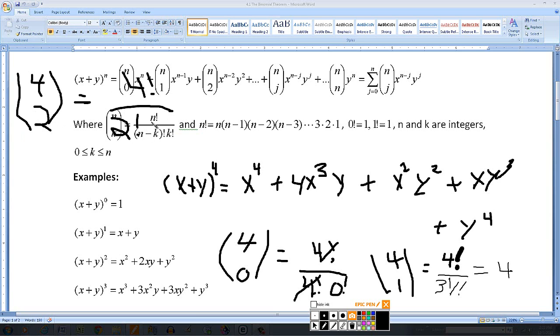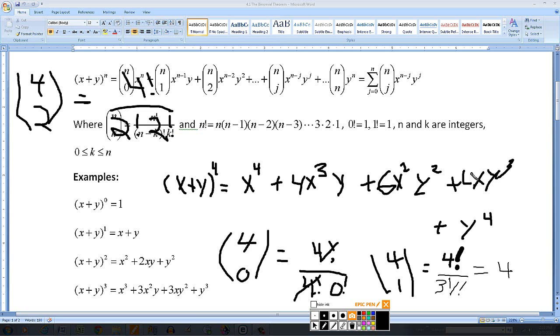So it's 4 factorial is 24, and a 2 factorial is 2, so it's 2 times 2 is 4, 4 and 2, 24 is 6. So the coefficient over here is going to give us 6. Okay. And then the next one is 4, select 3. 4, select 3. So doing the same thing, you'll get this to be 4. Just follow the same thing I've been doing, do the formula.